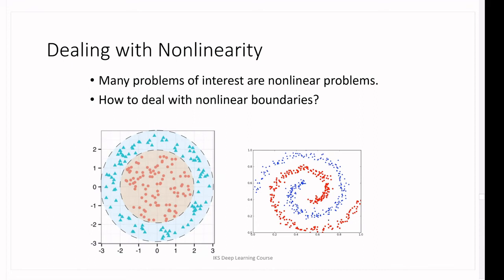Similarly, in the right-hand panel we have another example of data from two classes where the boundary between these two classes is not a linear boundary. So the question is, when we have problems that are nonlinear in nature, how do we deal with them?